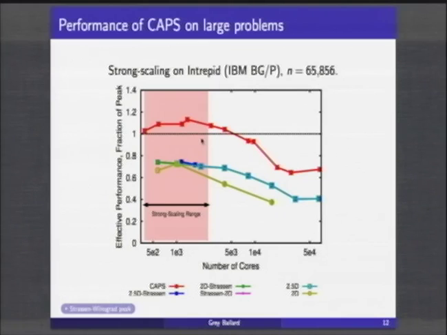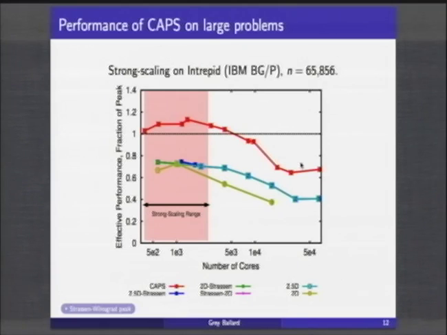The next qualitative piece to pick out of this plot is that perfect strong scaling, which corresponds to if I double the number of processors, I'll cut my running time in half, corresponds to a horizontal line in this plot. So as we move right, we're mapping to a horizontal line up to a point, and then we start to degrade. And it turns out that the theory tells us exactly why this has to happen.